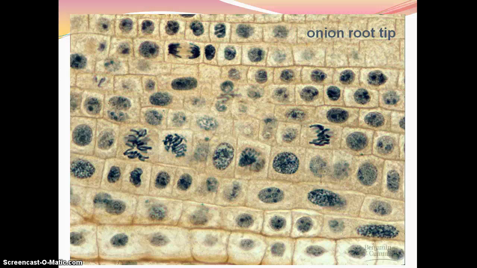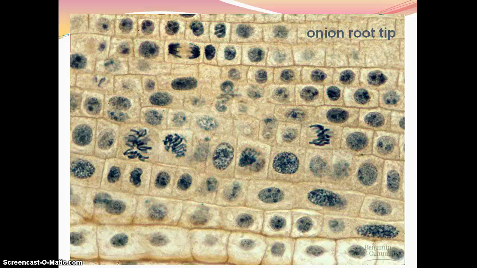And again, this is showing onion root tip, which is really commonly used as a way to practice identifying the different phases of mitosis. So you might want to just take a minute to look and see how many phases you can identify here.